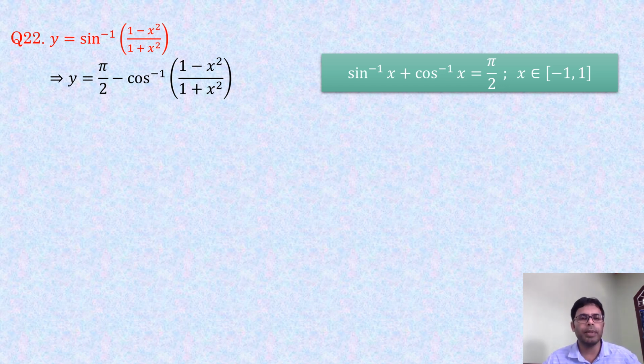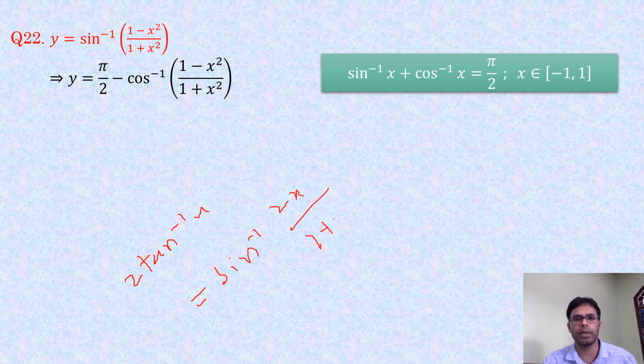Okay, so we have the formula, already discussed in the previous video. 2 tan inverse x is equal to sine inverse of what? Sine inverse of 2x by 1 plus x square, is it not? And this is equal to cos inverse of what? Cos inverse of 1 minus x square over 1 plus x square.